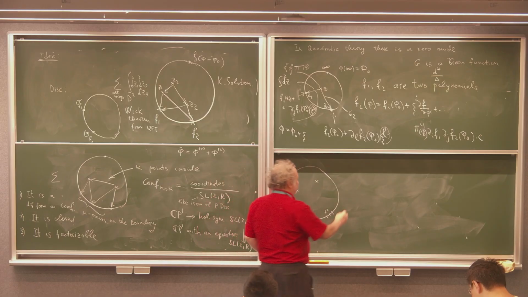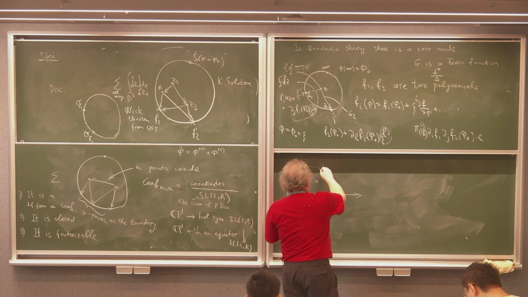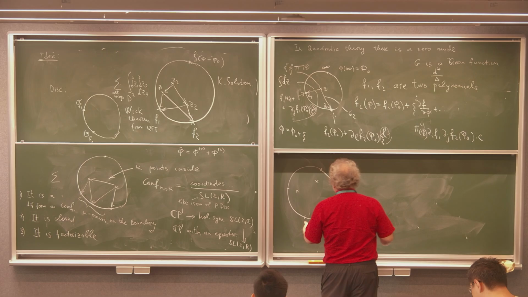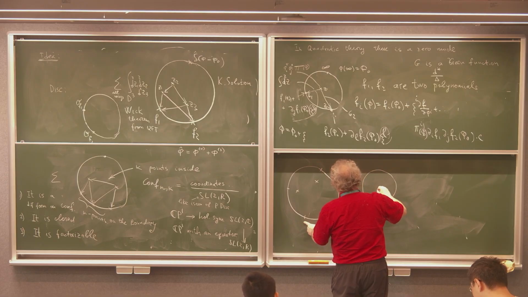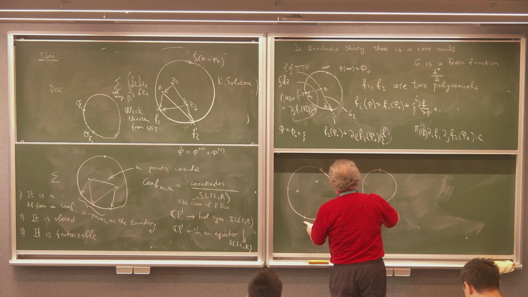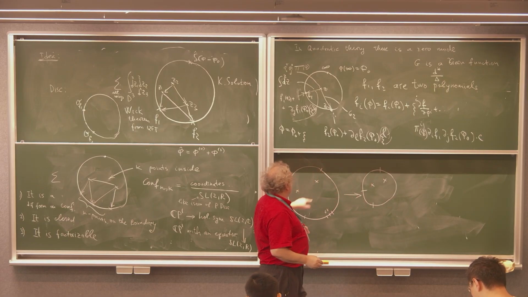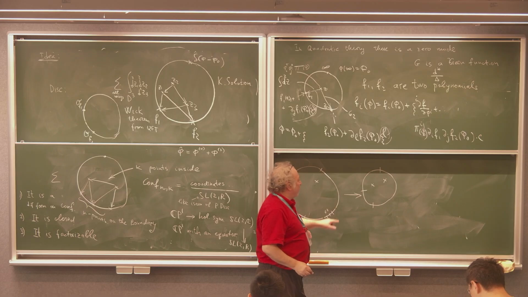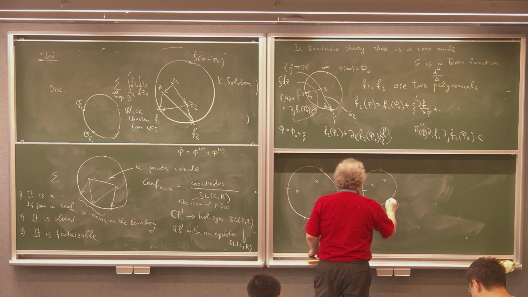In this particular example, these points stay outside, while this small group of points goes onto a bubble disk.